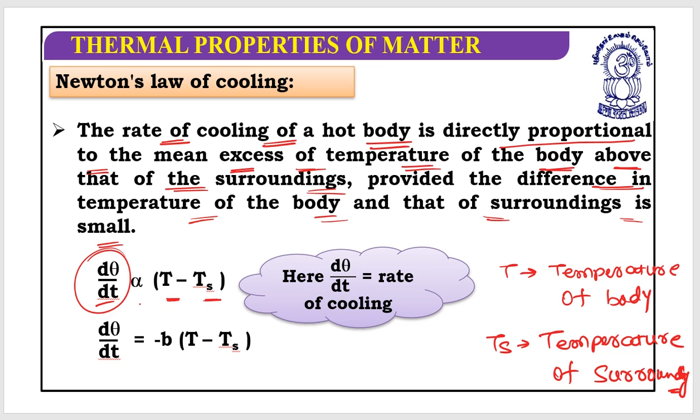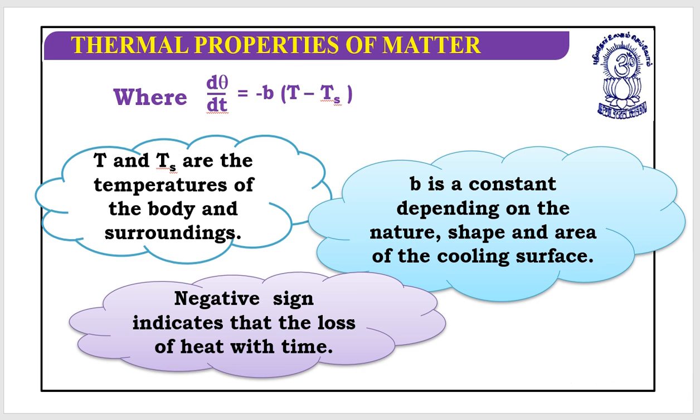This is what we call the rate of cooling. If I want to remove the proportionality constant, then I can add a minus b. So d theta by dt equals minus b into bracket T minus Ts, where T and Ts are the temperatures of the body and the surroundings.